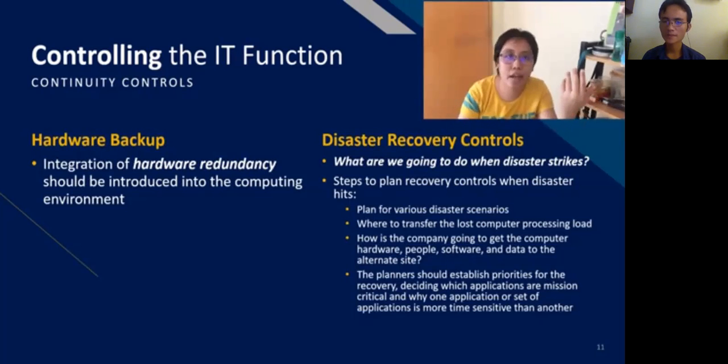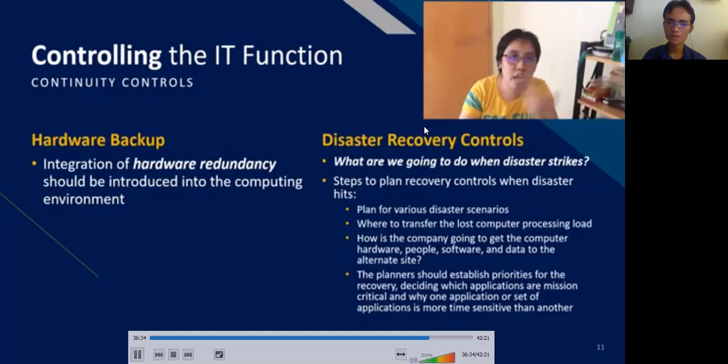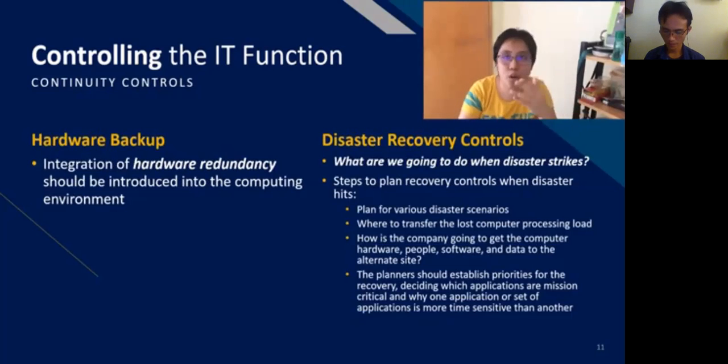So of course, you have to anticipate and plan well as to how you would be able to mitigate by moving your data into other storage systems within your premises or offsite from your premises. Of course, then next is where to transfer the lost computing processing load.